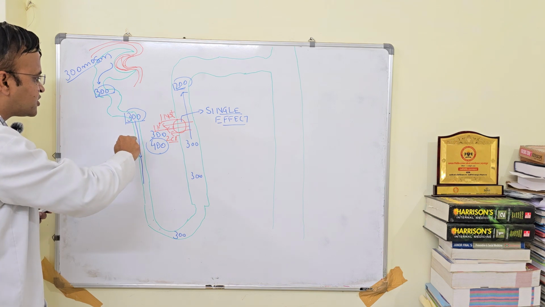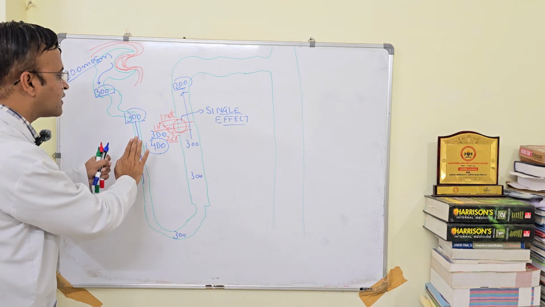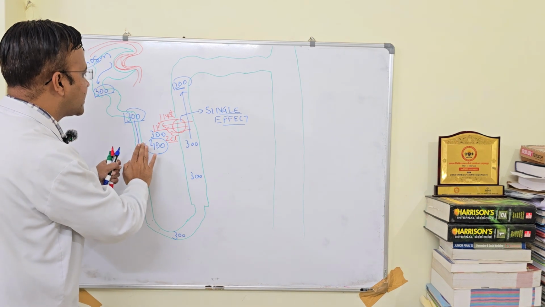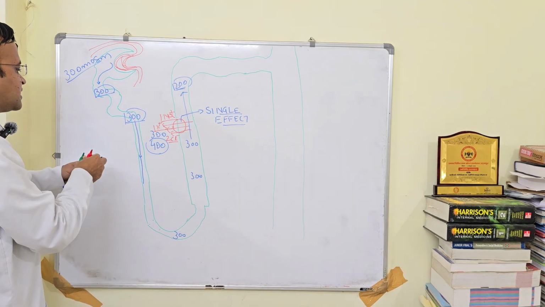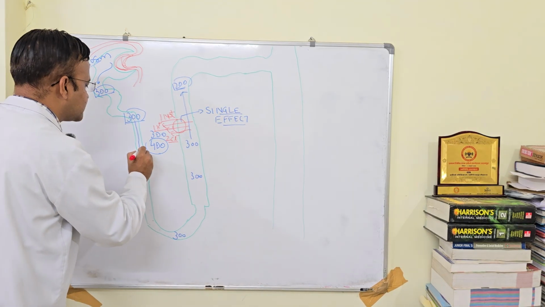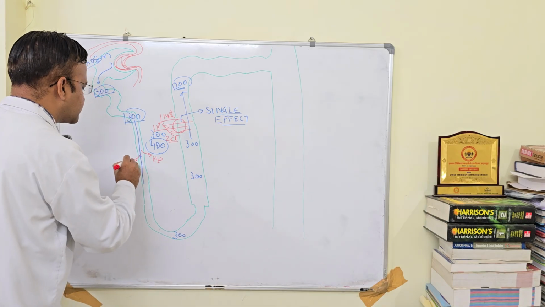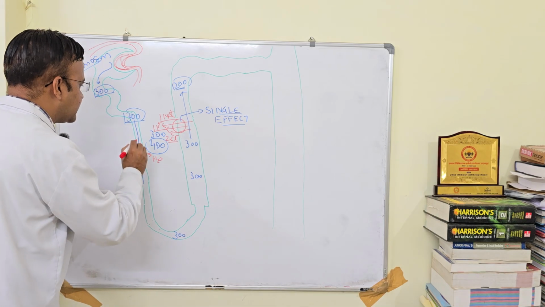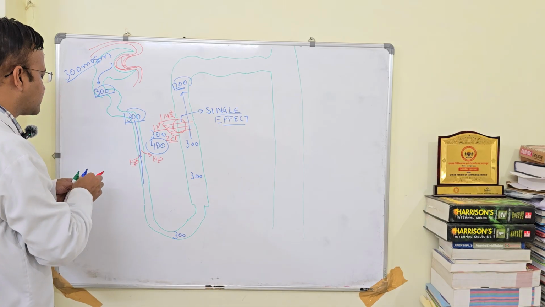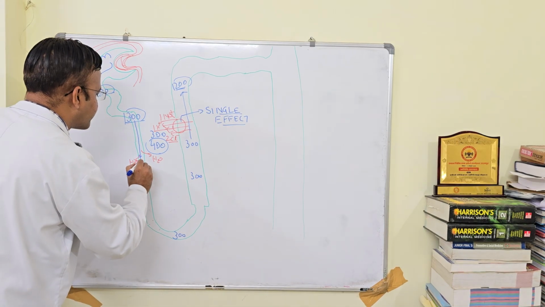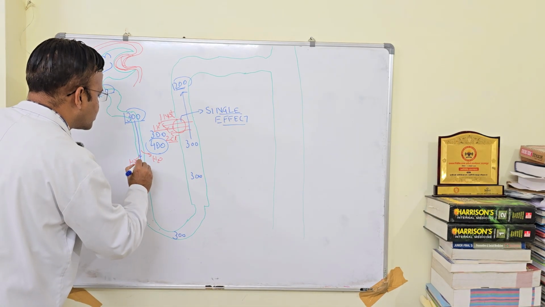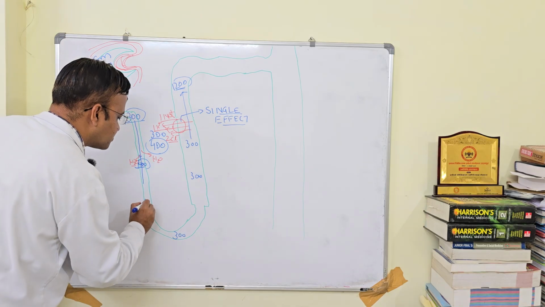Now when this 300 reaches over here, right, now we have got the osmotic gradient. So what will happen? The water will come out, and it will come out till this also becomes 400.